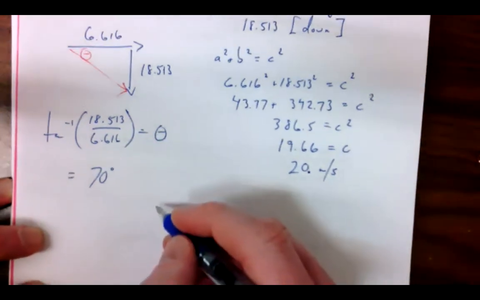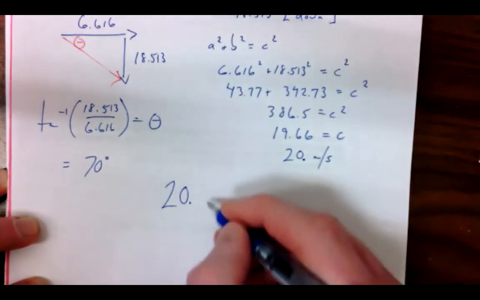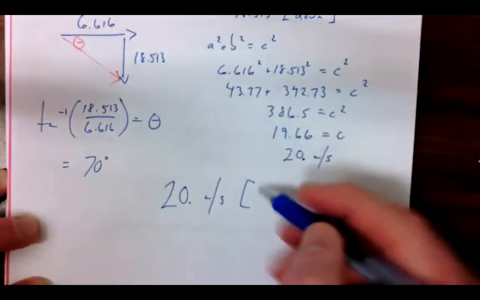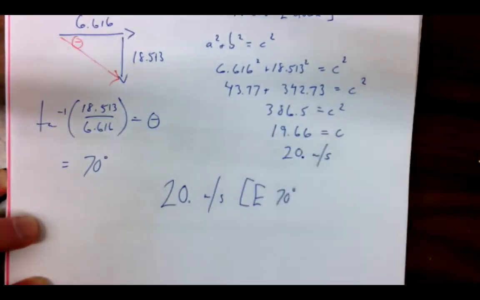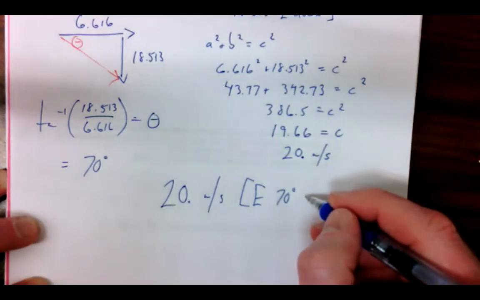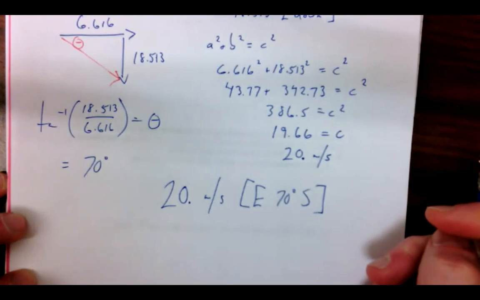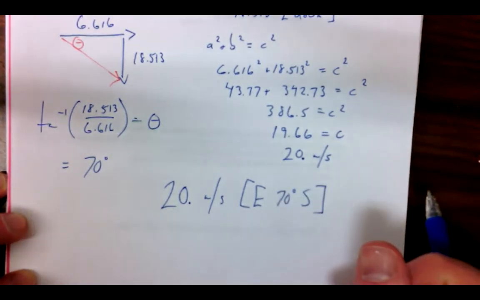So our final answer, after all that work, 20. with a decimal, 2 sig figs, meters per second, east, 70 degrees south. Oh, the textbook says right and down. It's fine. Either way, it's fine.